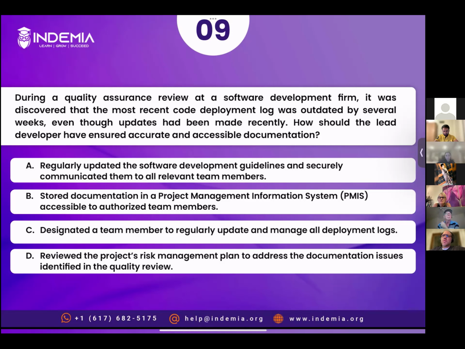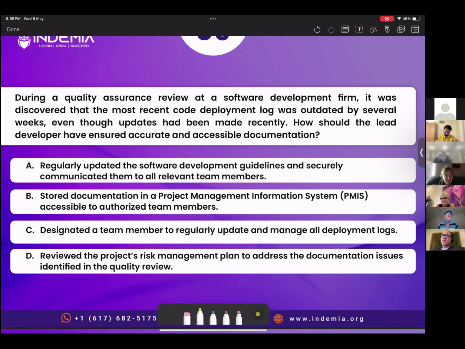Felicity, you have chosen option C. Yes, not with any kind of great confidence, but yes. D I scratched off because I don't see that reviewing the risk management plan is helpful. I always have the constant problem that when I'm reading the answers, I feel like it's a mixture of them, so I don't really know what's the best answer of the ones that are given.